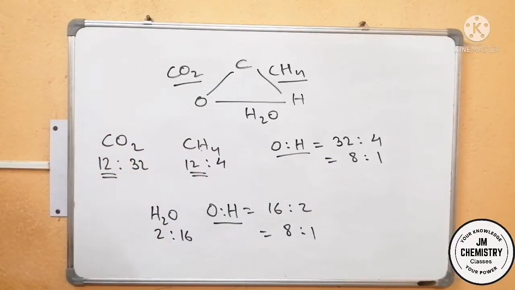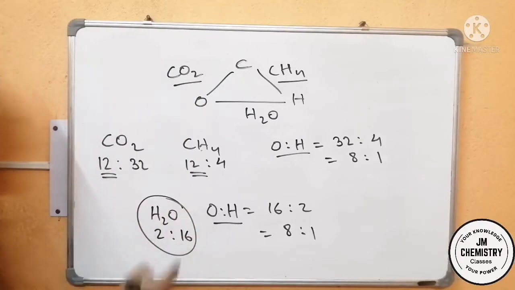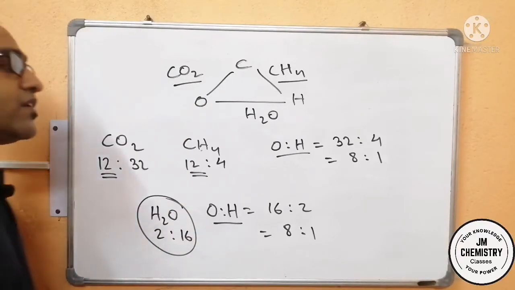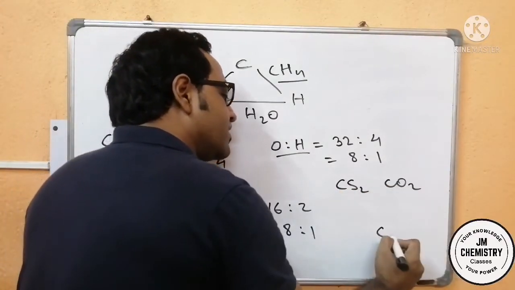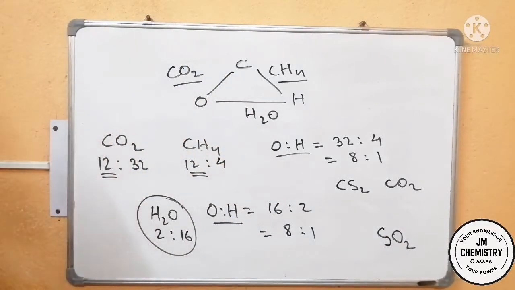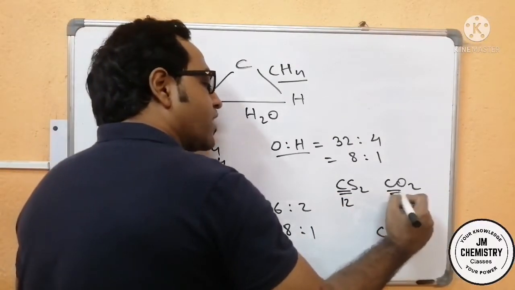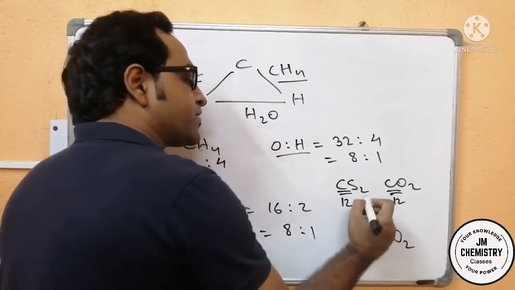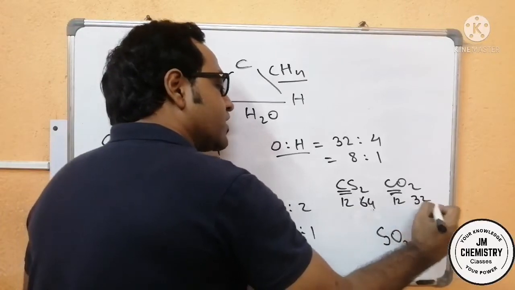So it might be the same or it might be some simple whole number multiple of the ratio in which they combine with each other, which was the case of sulfur dioxide, CS2, CO2 and SO2. In CS2 we have seen the amount of carbon 12, the amount of sulfur 64, the amount of oxygen 32.